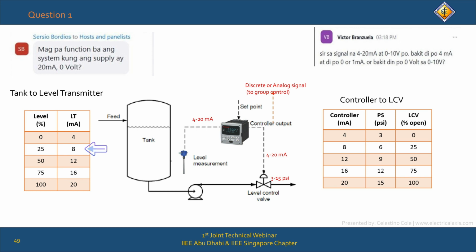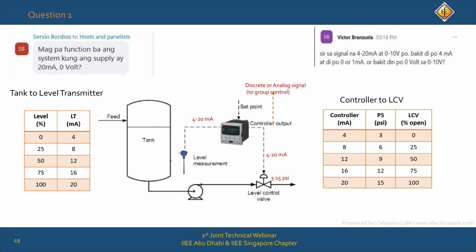Say, for example, at 25% water level, the transmitter produces a current of 8 milliampere. Just remember that they have linear relationship and just apply simple ratio and proportion in case the values are not in exact form, like 63% or 27%. Sana nasundan po natin.